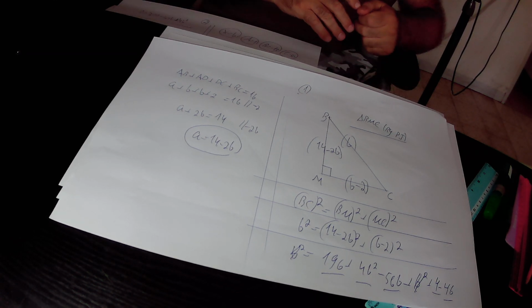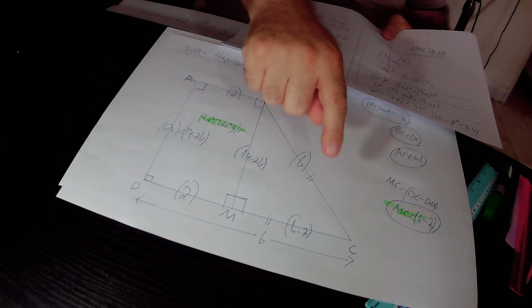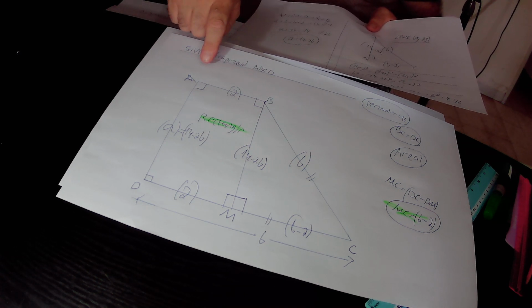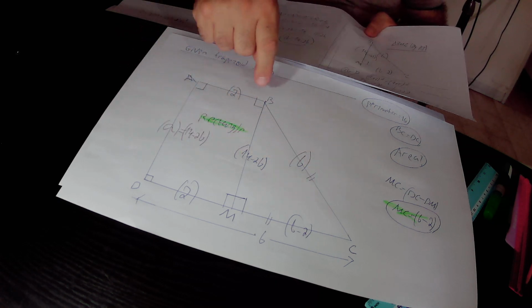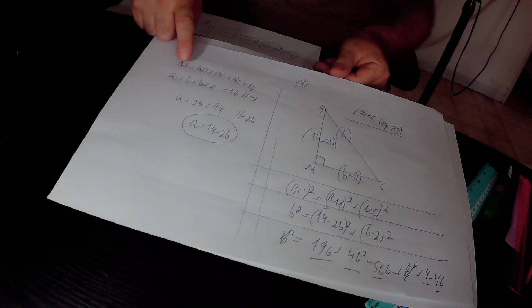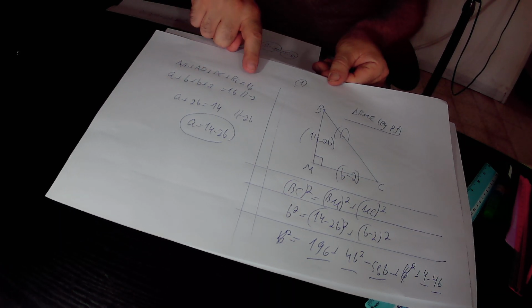AB is 2, AD is A, DC is B, and BC is B. And this equals 16.